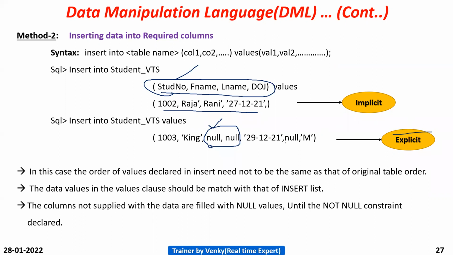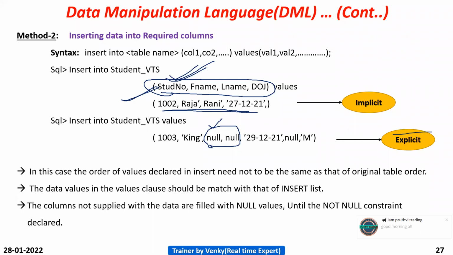Okay. And one more case, you need to follow the original order of the columns in a table while you are inserting the required columns. Yes, that's your wish, which column order you need to follow. But whatever columns you mentioned, the data which you are inserting should be in the same order as the columns mentioned in the column list.